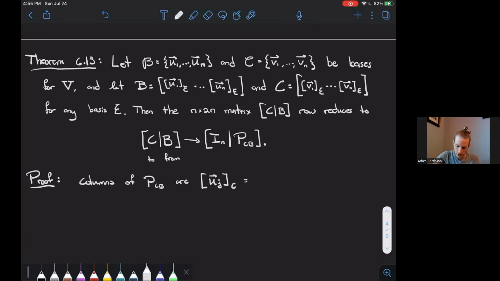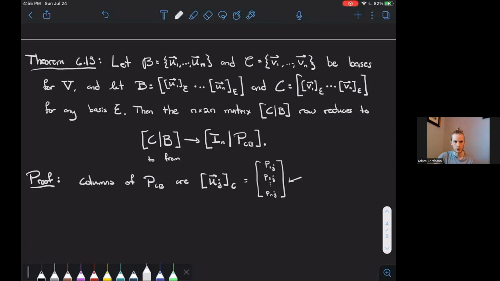I'm going to write these entries as little p_1j, p_2j, dot dot dot, p_nj, lowercase p's. I'm just saying these are numbers that go inside of this column. Then, what are we doing here? This is a recipe.